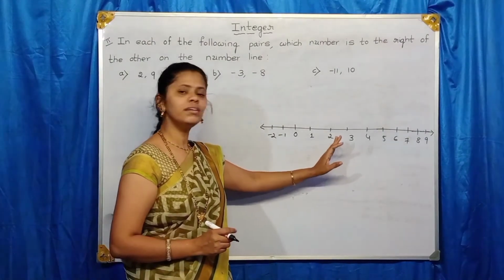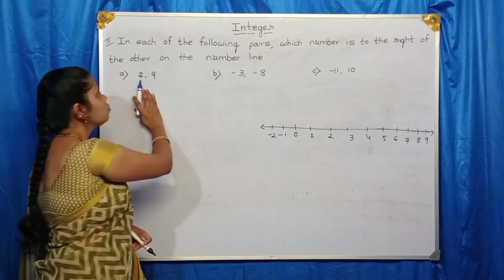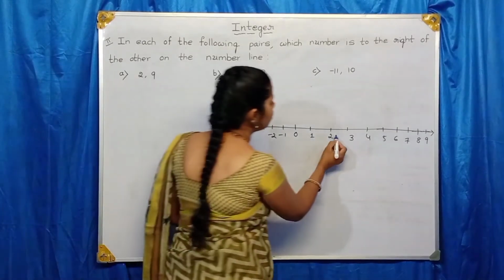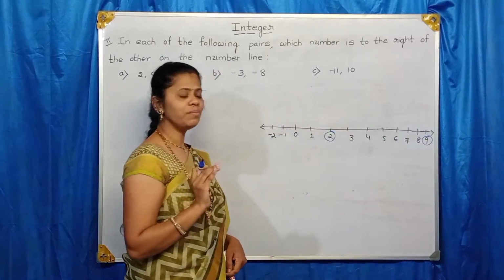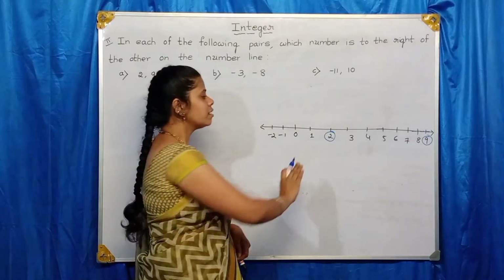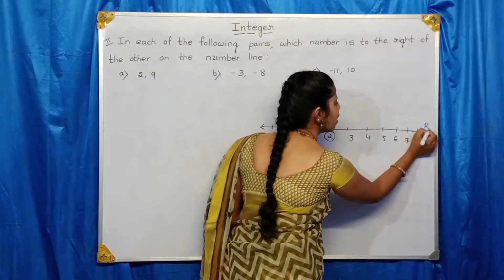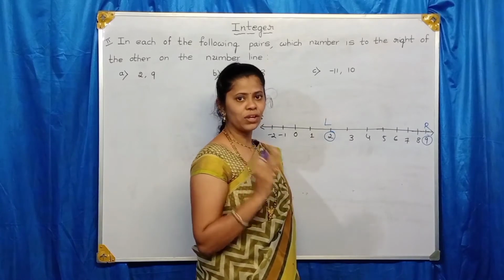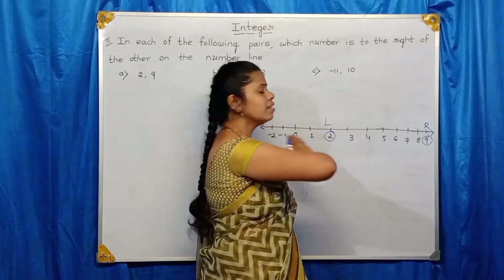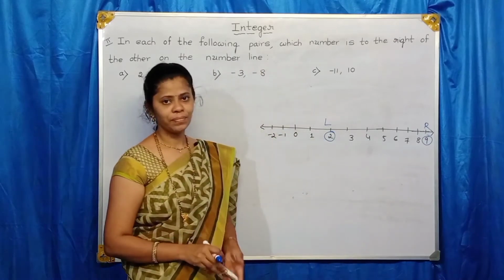Here I have drawn a number line. They have given 2 and 9. So, let me round up 2 and 9. Now tell me which number is on the right side of a number line? 9 is on the right side and 2 is on the left side. When you take 2 and 9, 9 is on the right side and 2 is on the left side.